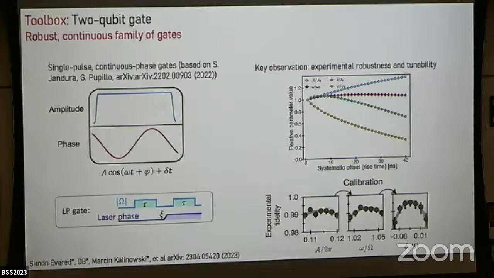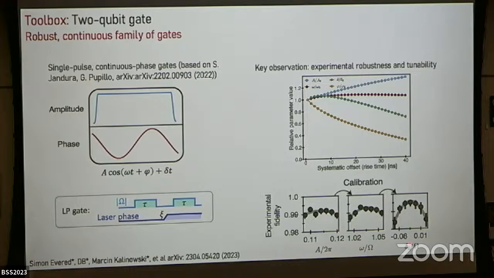So there is an error in the pulse you're performing. And just by tuning some of the parameters of this pulse, you can find a solution that is optimal again, but optimized with the experimental parameters that you have. Does it make sense? And the reason why this is more tunable is that you have this nice continuous change of the phase that has many parameters that you can tune.